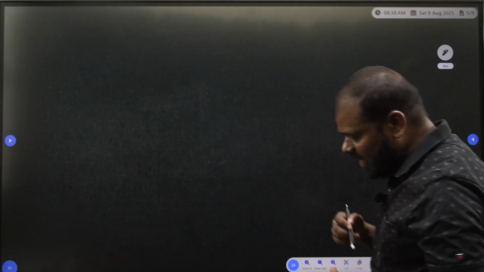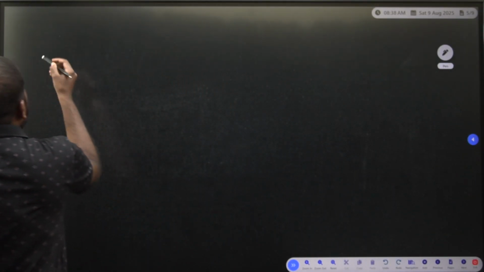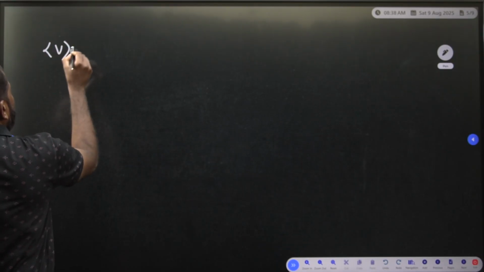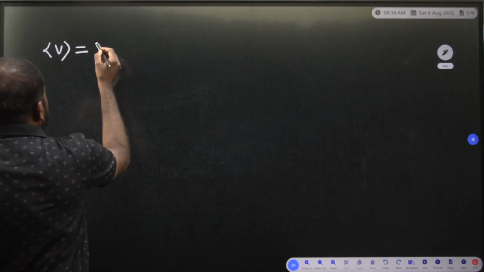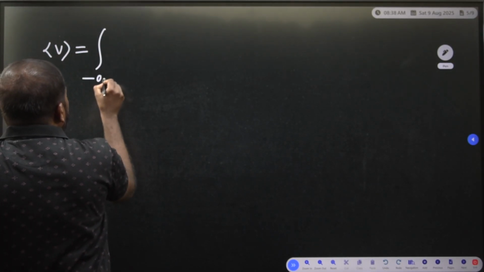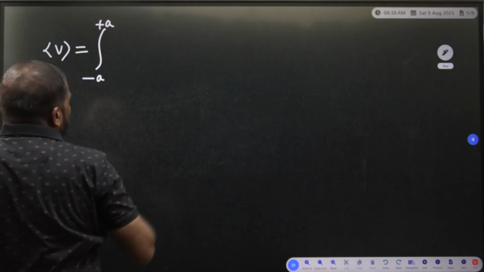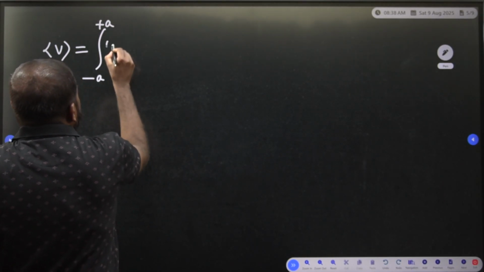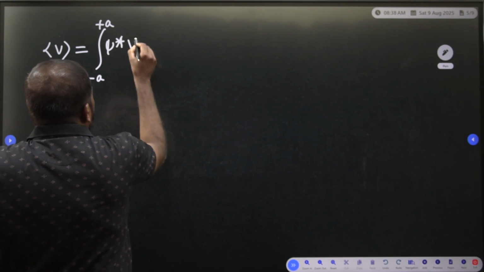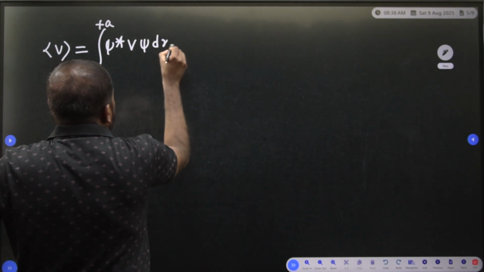Now we need to calculate the expectation value of potential energy. So what is the expectation value of potential energy? The integral from minus a to plus a of psi conjugate into the potential energy into psi into dx.